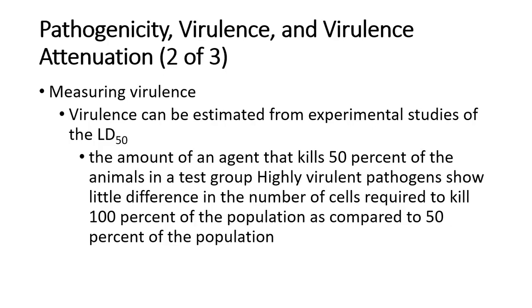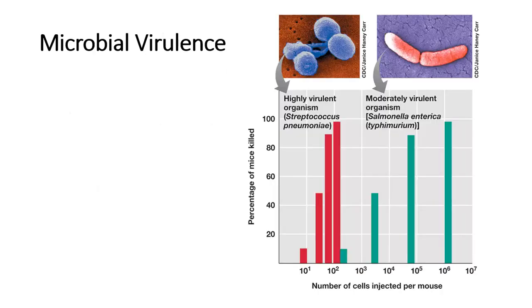I mean, if you look at Ebola, that's highly virulent. So you can look at this virulence. This makes more sense. Here's strep pneumo, okay? And you can see the percentage of mice killed, 100%, but you don't have to inject very many cells into that mouse.